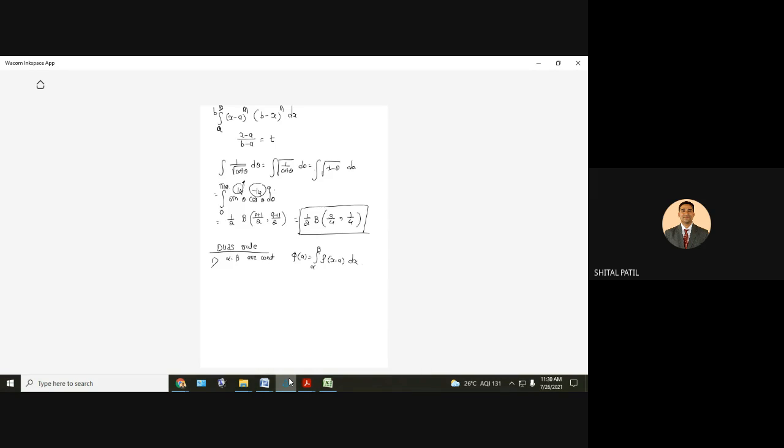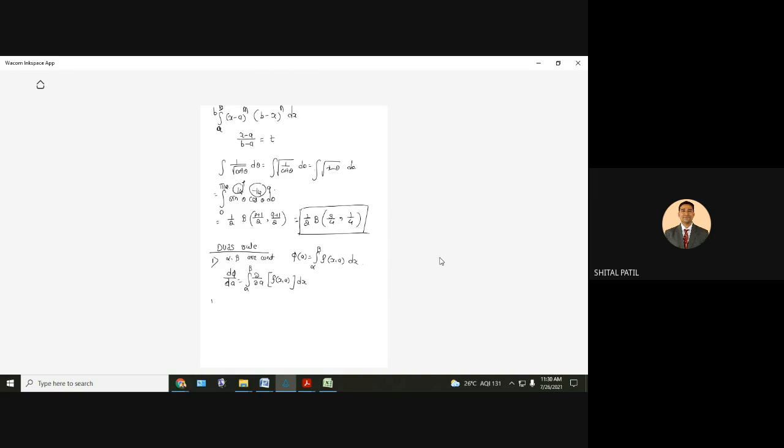Phi of a equal to integration from alpha to beta f of x, a dx. Okay, so differentiating on both sides with respect to a. That's it. And then you have to solve the example.